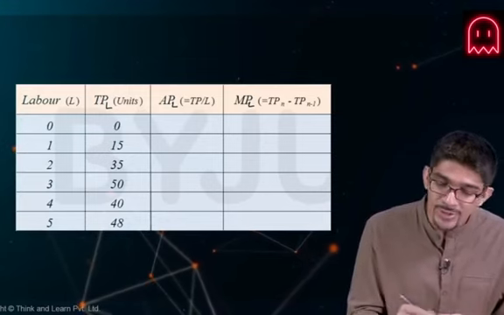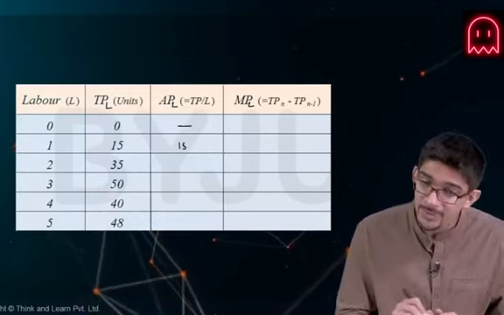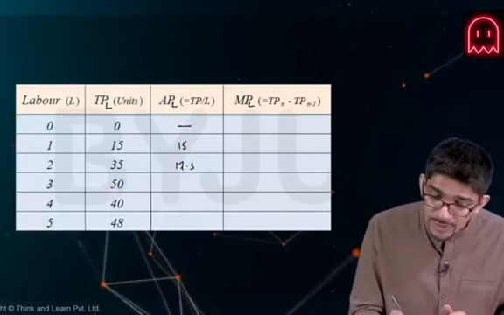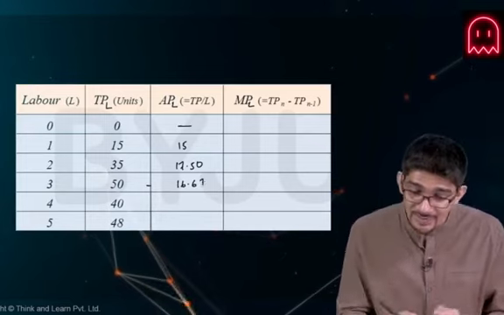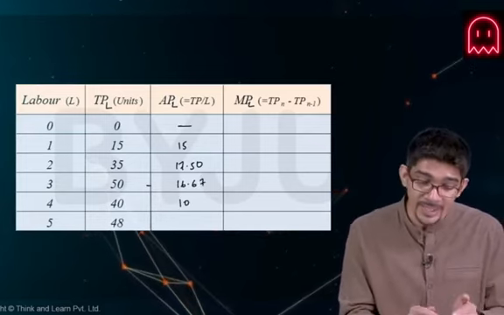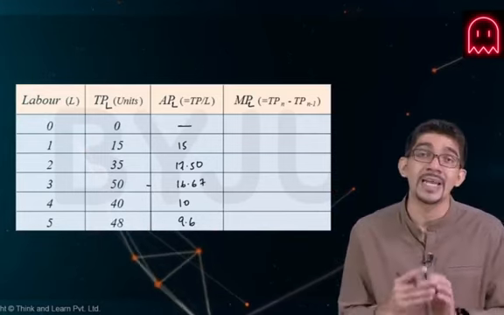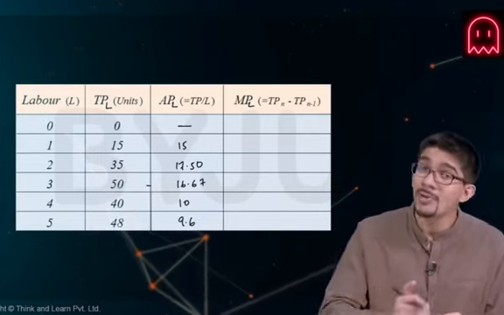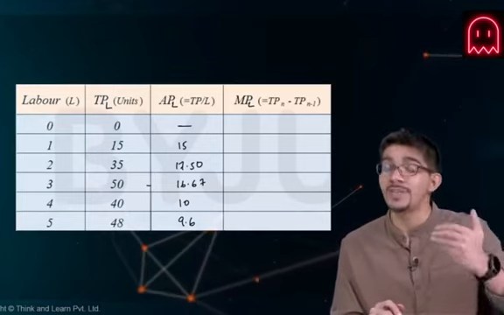So let's find out those. First, at 0 units of labor, 0 by 0 is undefined, both are undefined. 15 by 1 gives us 15. 35 by 2 gives us 17.50, 50 by 3 gives us 16.67, 40 by 4 is 10, 48 by 5 is 9.6. Like that we can fill out the entire APL schedule. Now how about MPL? We just have to subtract the previous unit from the next unit.